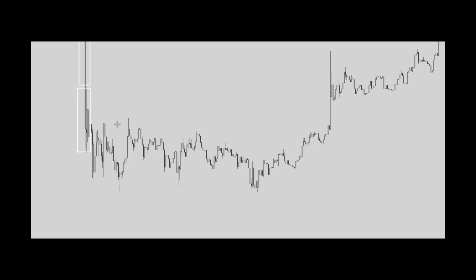Okay, the structure off which this broader range is feeding. As price consolidates here, it's consuming the liquidity at this level. Okay, so all of this price action on the top side here represents the consumption of liquidity. That's compression.